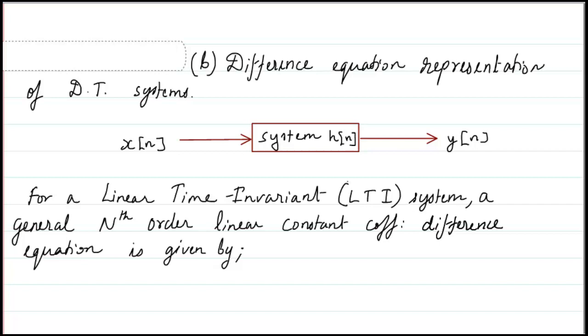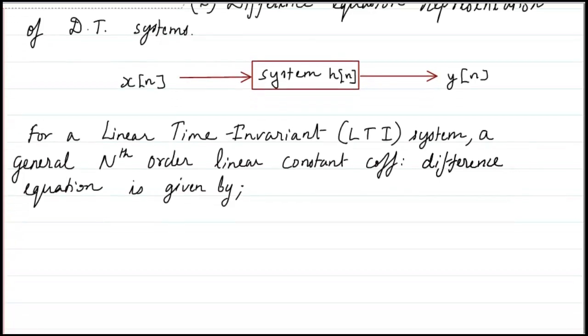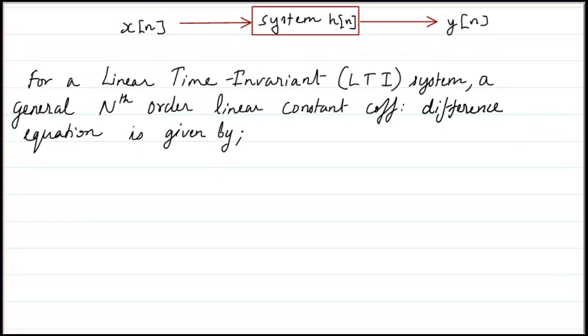And for a linear time invariant system, that is an LTI system, a general nth order linear constant coefficient difference equation is basically given by, now here you can see there is a small difference in the equation.